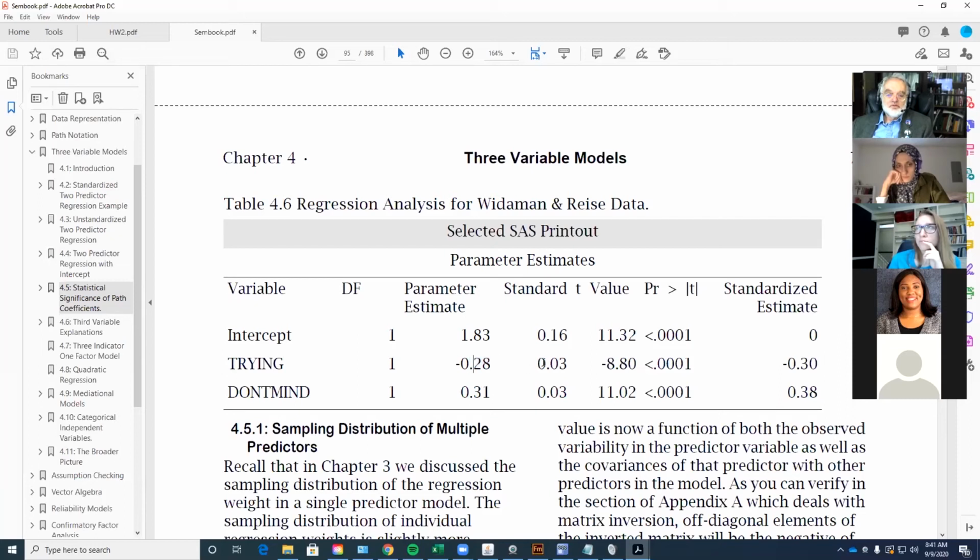This number divided by 0.03 is minus 8.80. And if the null hypothesis is true, and the data actually come from a population where this regression slope is 0, I should observe a value this large or larger less than 1 time in 10,000.